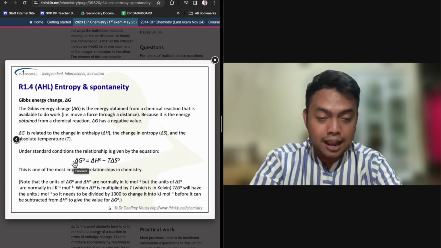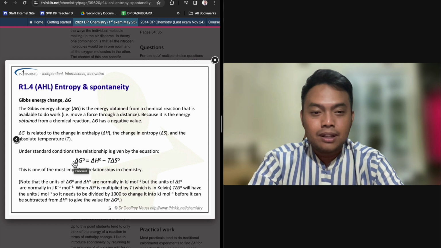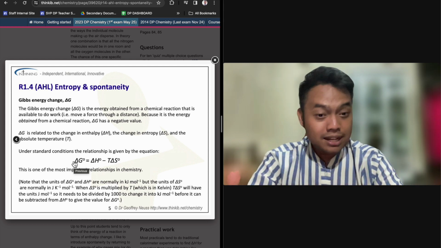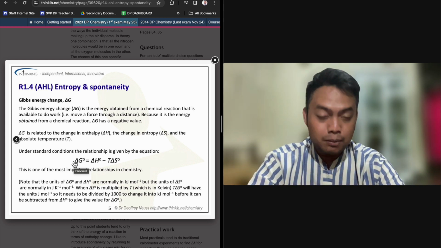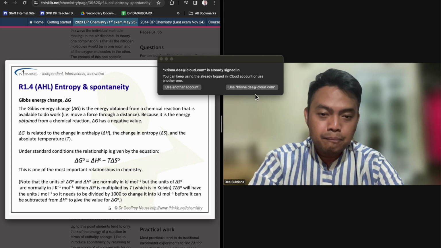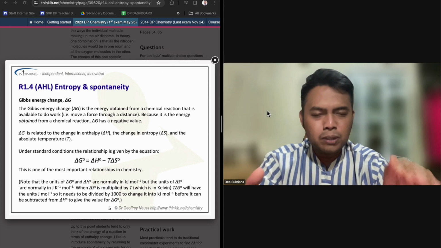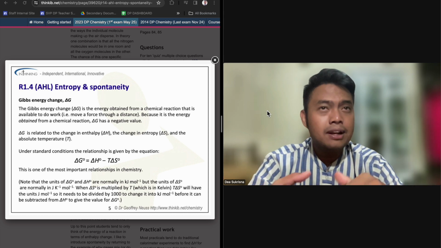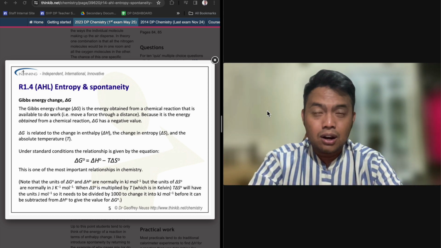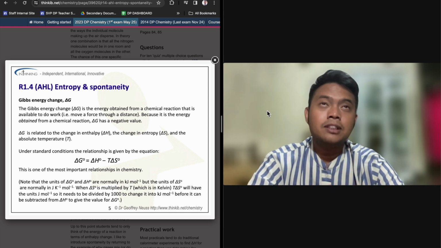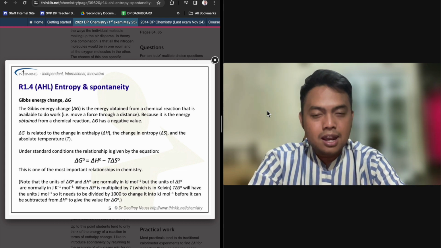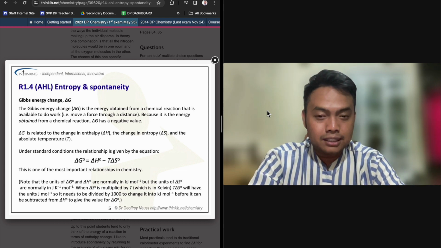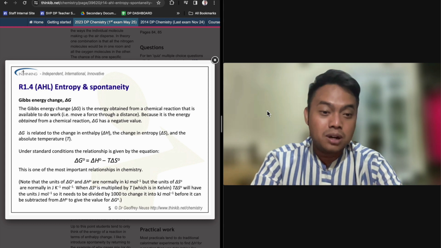But in chemical reactions, it would be useful if we know which chemical reactions will naturally and spontaneously occur, whether the chemical reaction will be able to proceed or not.